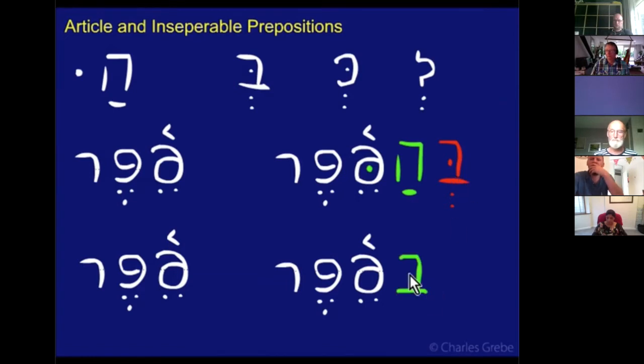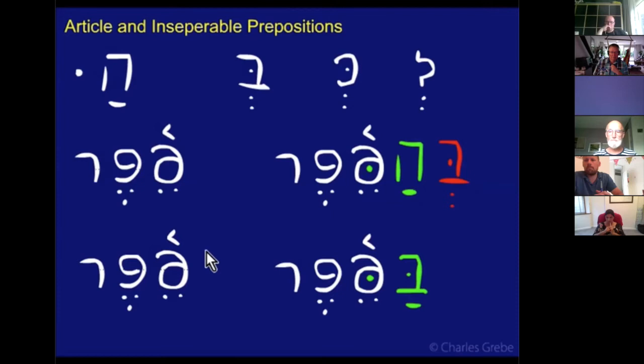It still keeps its dagesh lene, and the vowel stays, and the dagesh forte stays. So if you want to know what the inseparable preposition plus the article looks like, just replace the he with one of these, and you'll have it. Sefer, ha-sefer, and ba-sefer.